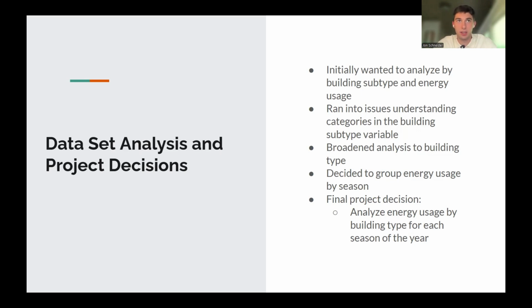It wasn't clearly defined in the data or in explanations about the data set on Kaggle. Because of that, we had to broaden our analysis to the building type variable, which still gave us good conclusions, but not quite as specific as building subtype.